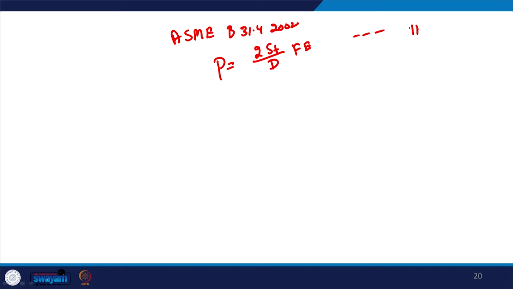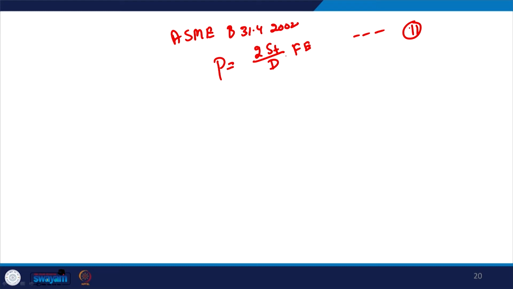Now, if we take ASME B31.4 2002, to calculate the wall thickness of a pipeline, the design formula would be P is equal to 2ST over D FE, and this is equation number 11.